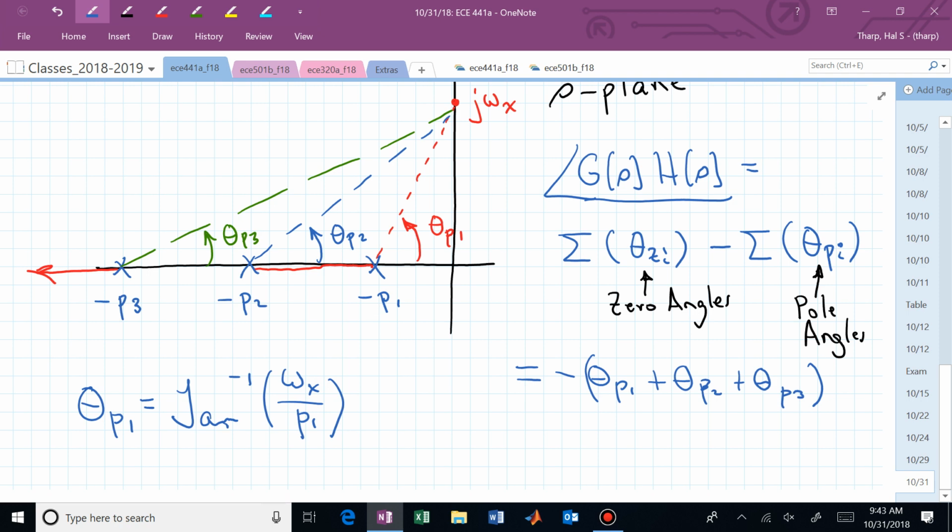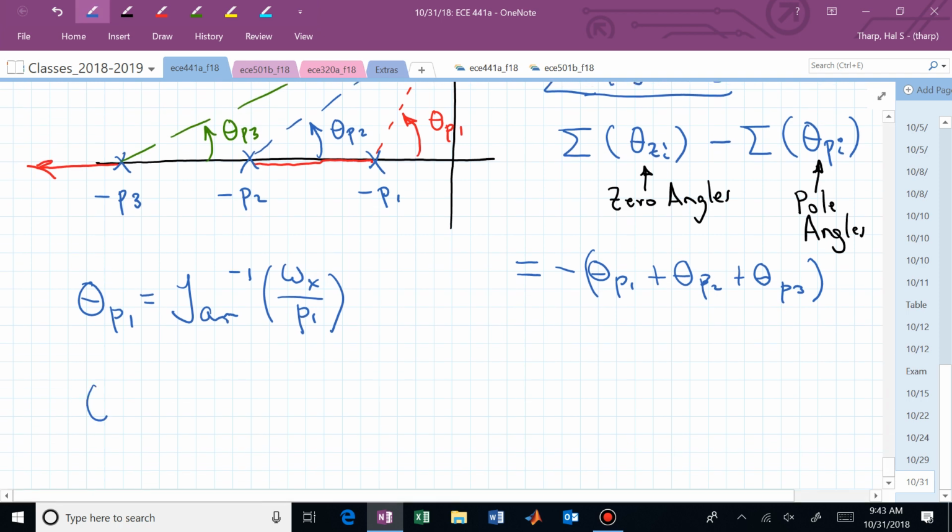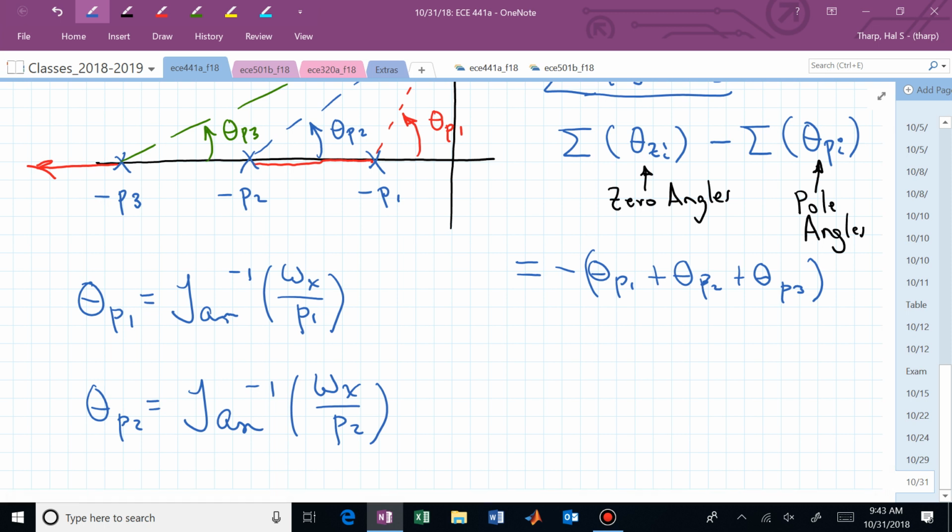What's theta sub P sub 2? Same structure, just different. The height up is the same. The vertical distance is the same. And theta sub P sub 3?